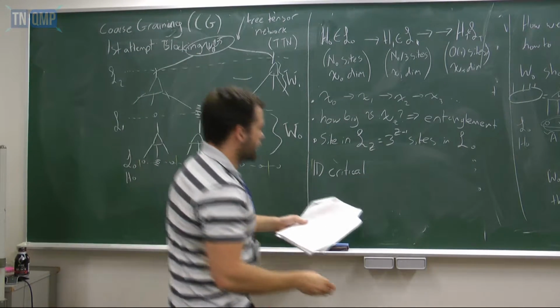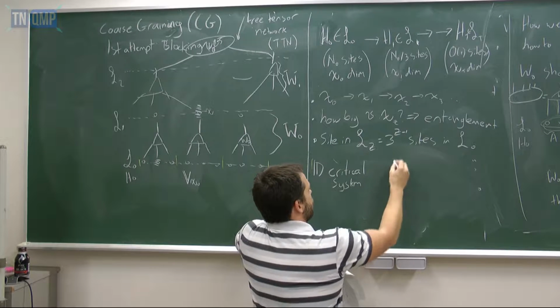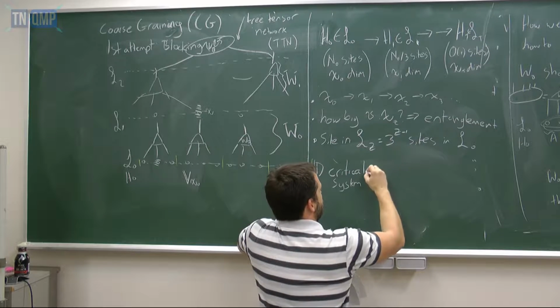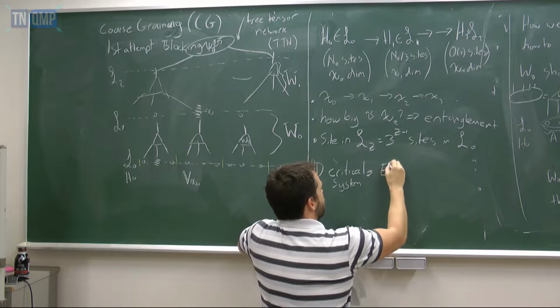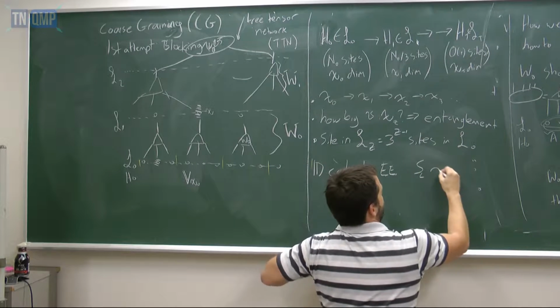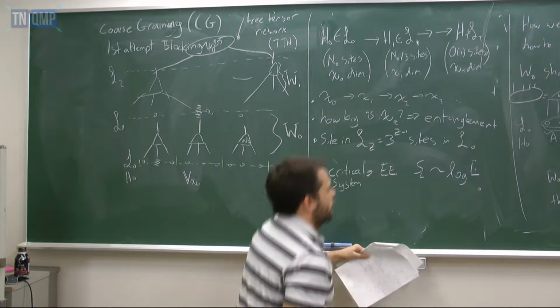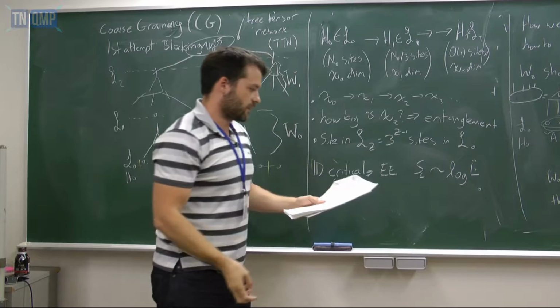In a critical system, my entanglement entropy scales as S of L going as log L. So we have a logarithmic correction to the area law.